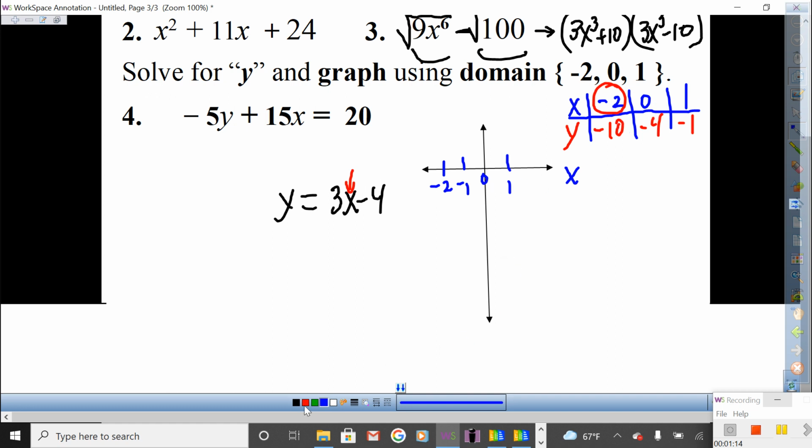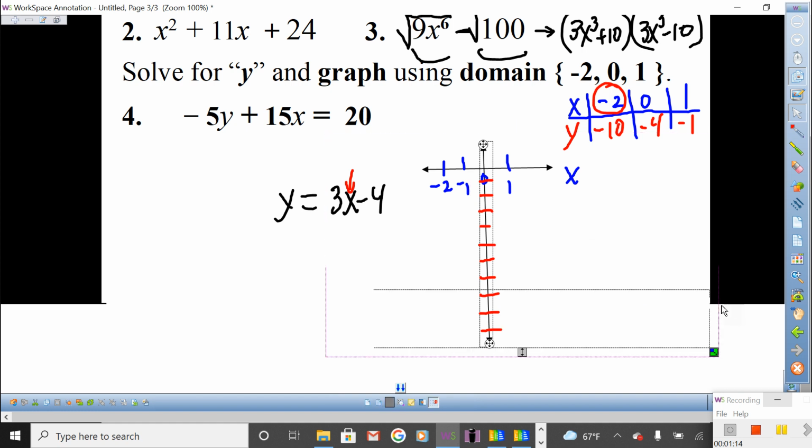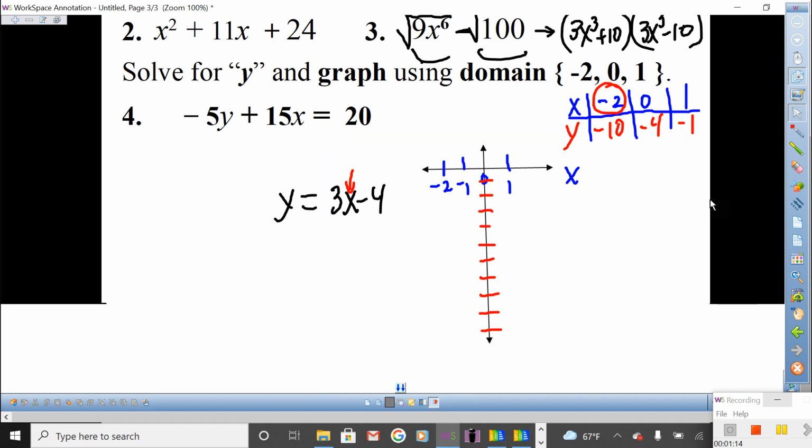Okay. For the y, we got negative 1, negative 2, negative 3, negative 4, negative 5, negative 6, negative 7, negative 8, negative 9, negative 10. Yeah, I love technology. There you go. Pretty good, right?